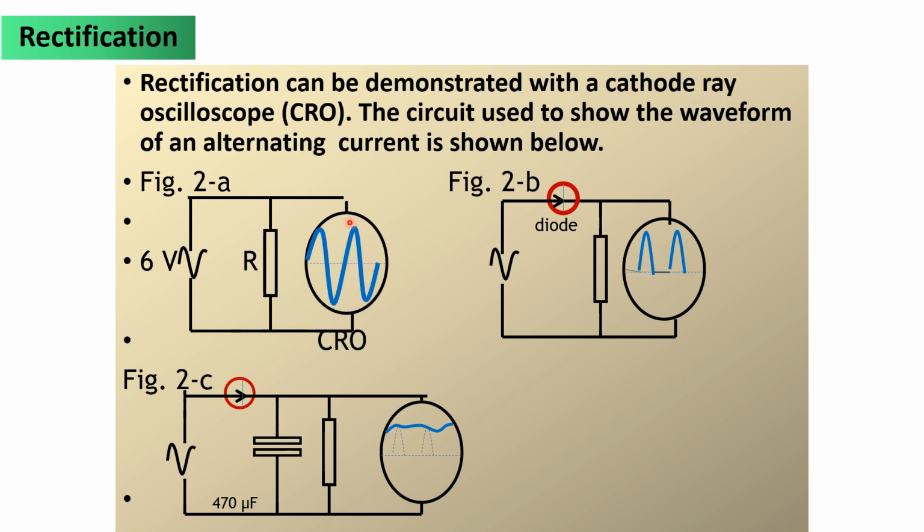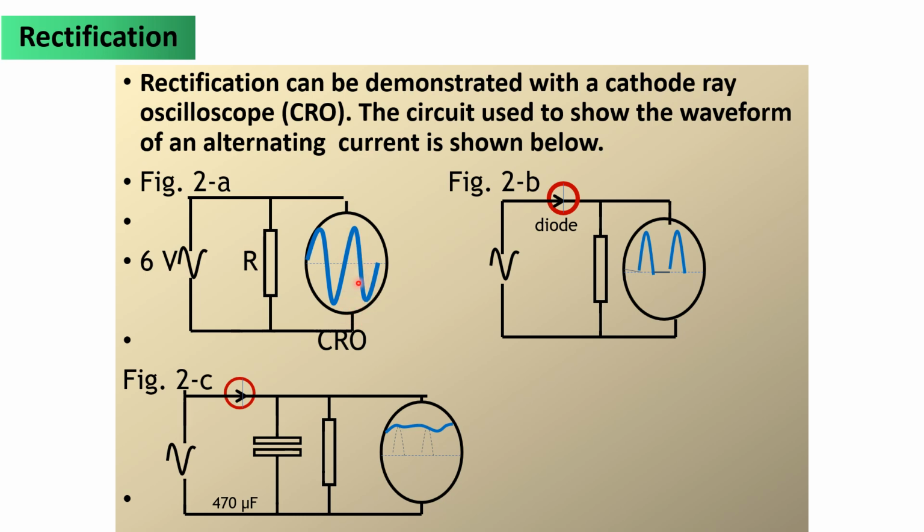So this symbol here represents a device known as a cathode ray oscilloscope. The circuit can show the waveform of an alternating current that passes through it.